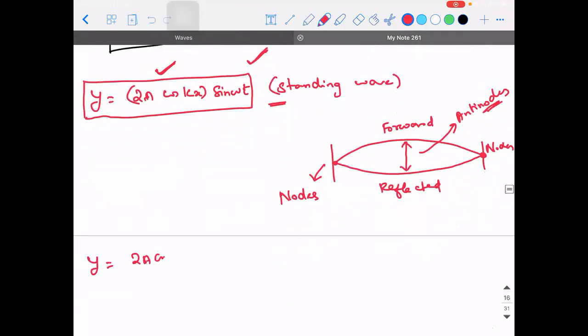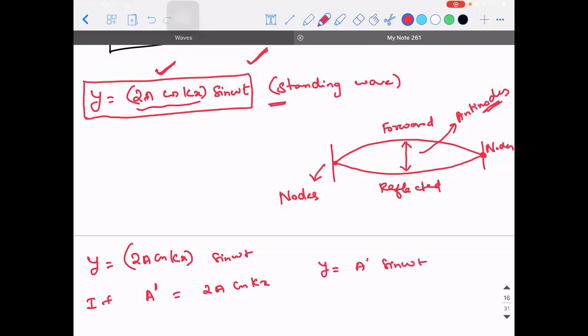So y is equal to 2a cos kx into sine omega t. If you call a dash equal to 2a cos kx, then the meaning is the amplitude of the standing wave. Then I can write the standing wave as y equal to a dash sine omega t, where this a dash is called the amplitude of the standing wave.